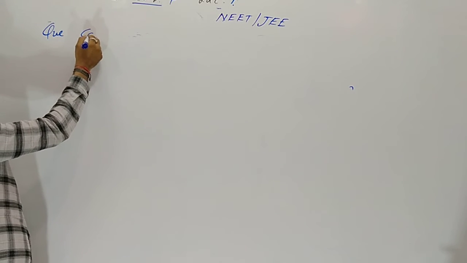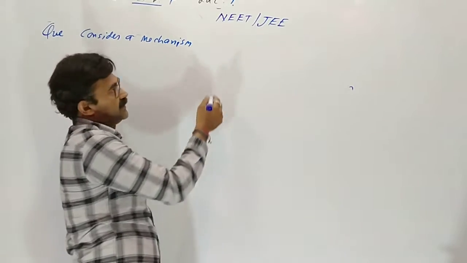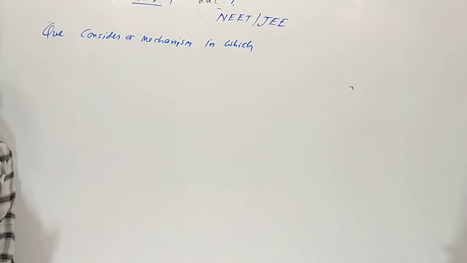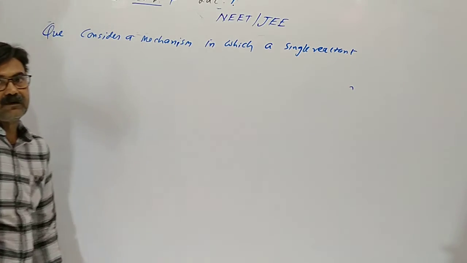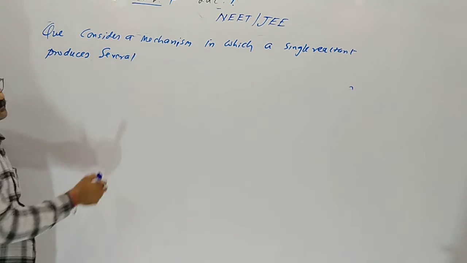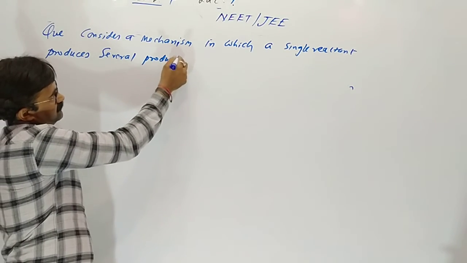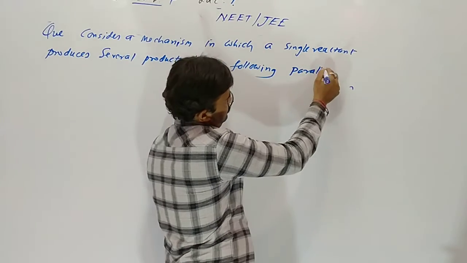Consider a mechanism in which a single reactant produces several products by the following data. Parallel first order reaction.